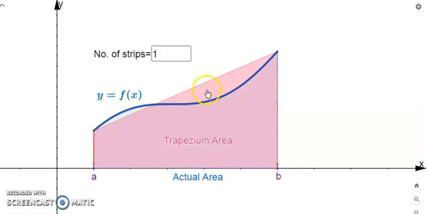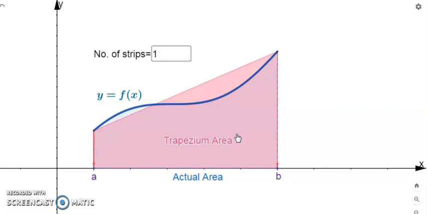The corresponding area in pink is the area of the trapezium. From the diagram you can see that the trapezium area and the actual area from the integration don't cover the same area. There happens to be a difference there.